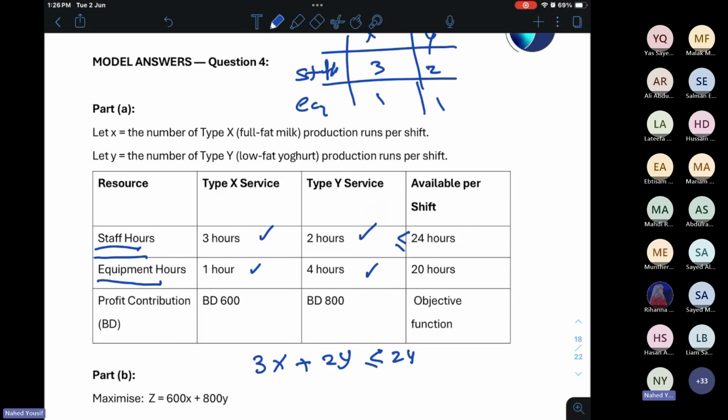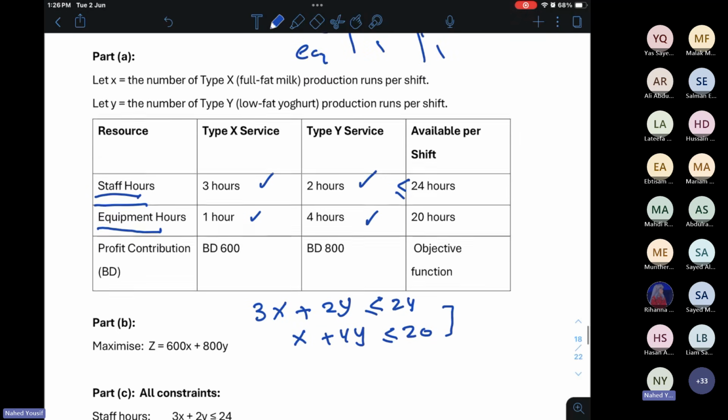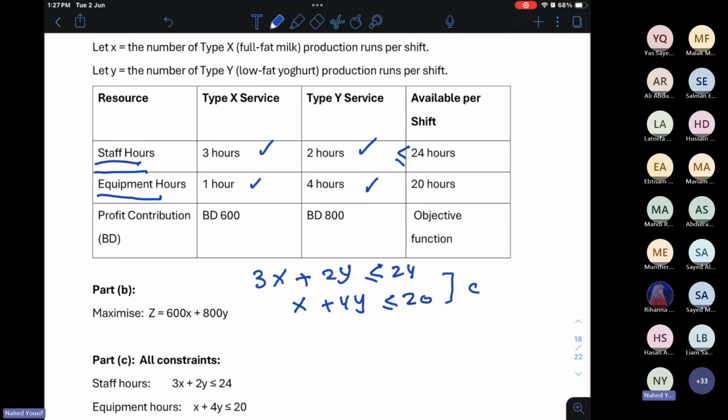For the equipment, it will be x plus 4y less than or equal to 20 hours, as mentioned. So this is what we call our constraints.